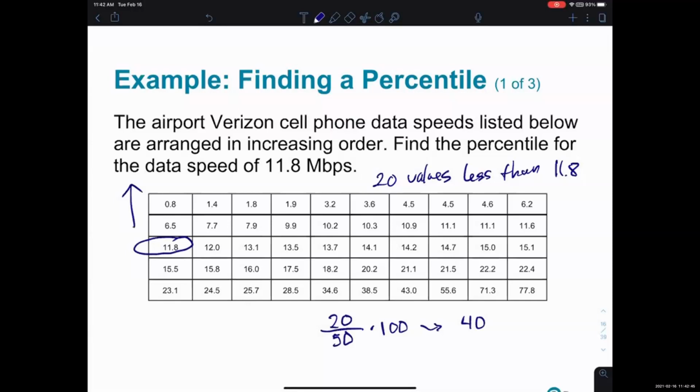Question? Mr. Willett, it looks like, because it has the 11.8 there in the middle for some reason, it looks like there are more that are below 11.8. Yes, 40%, well, below, not meaning above or below on this graph, but below in value.